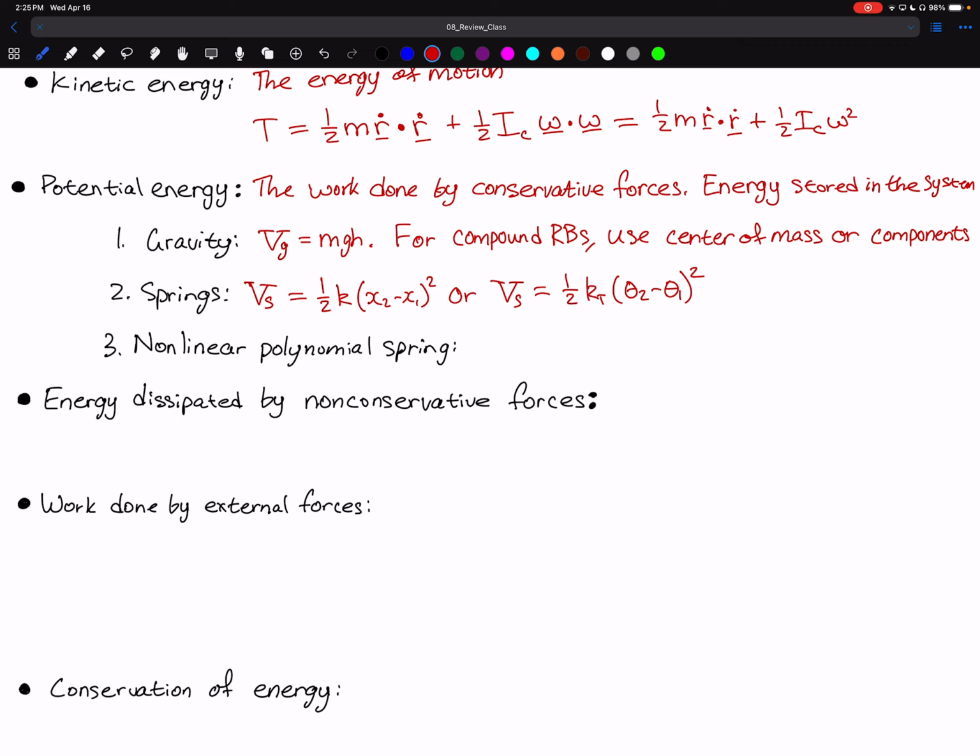For a nonlinear polynomial spring, we would end up with the potential energy Vs equal to alpha divided by beta plus 1 times x to the beta plus 1, where again beta is a positive integer.